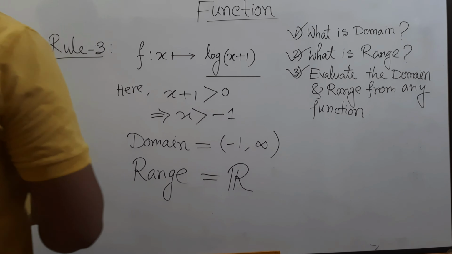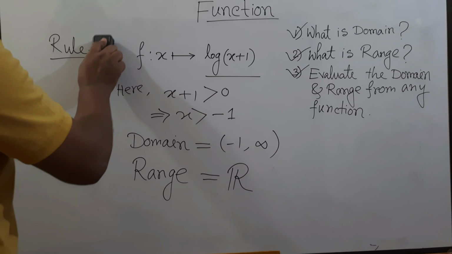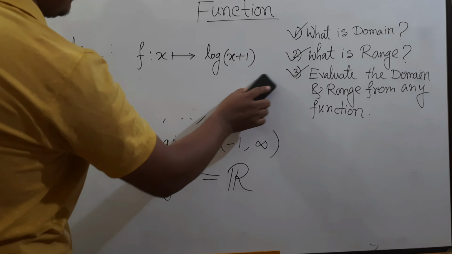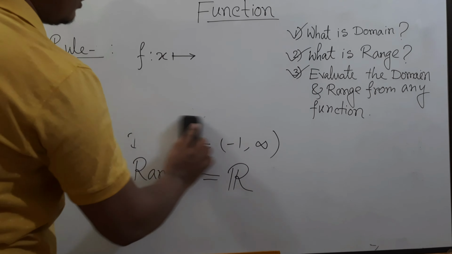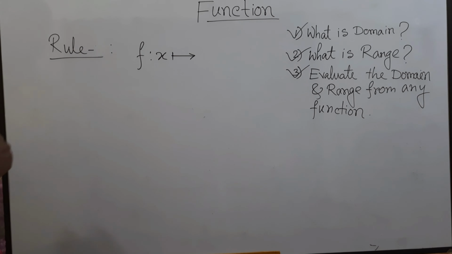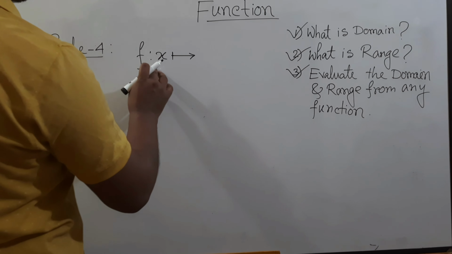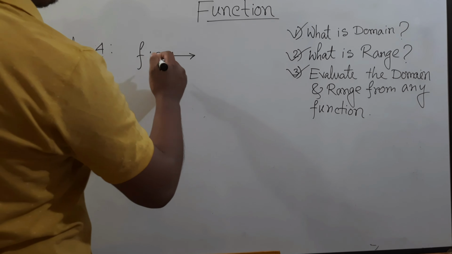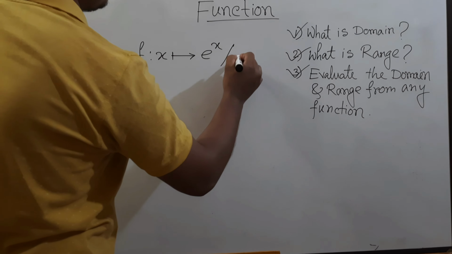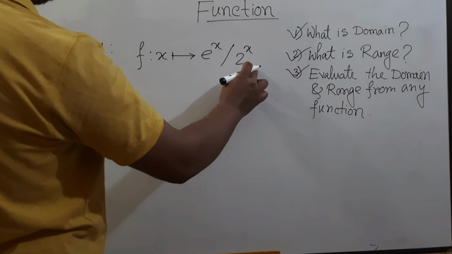Okay, next, rule 4. If the function is an exponential function, that means f is a function such that x maps to e to the power x, or it could be 2 to the power x, or anything to the power x, that is an exponential function.